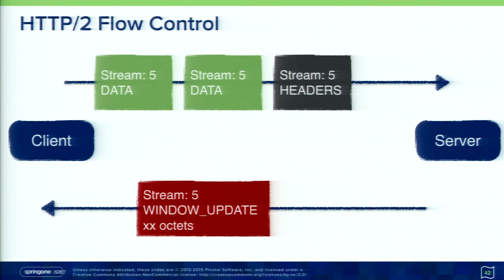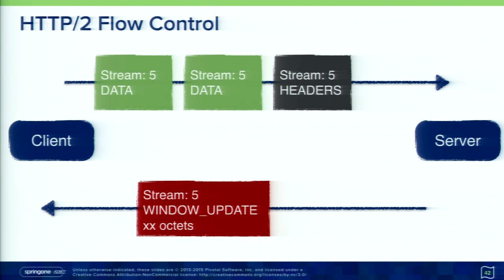So HTTP2 flow control is basically whenever a client, for example, is sending data, the consumer here, the server, can tell the producer, okay, I'm updating your window, meaning I can consume XX more bytes. You can send me XX more bytes. If the receiving end of the connection is saying window update 0, it tells the producer don't send any more bytes.